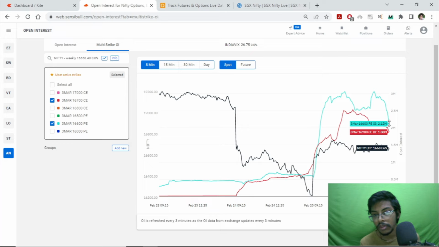So that would be the initial zone to cover for Bank Nifty, and we might open somewhere around Friday open or Friday lows. So that's a point to consider, and post that the support would move to Thursday low.